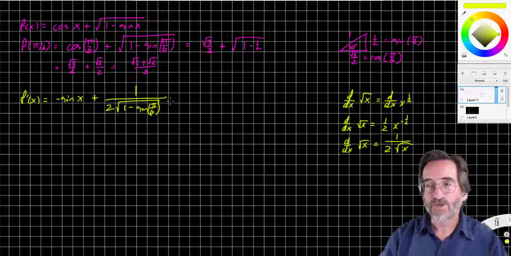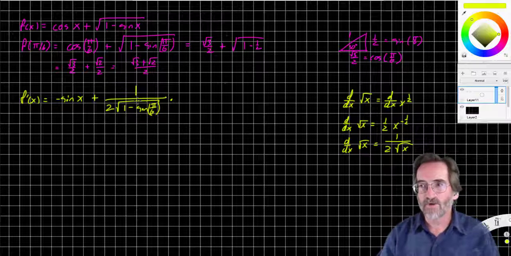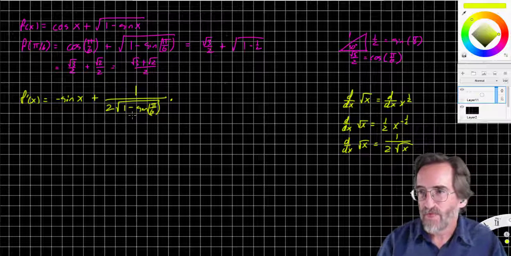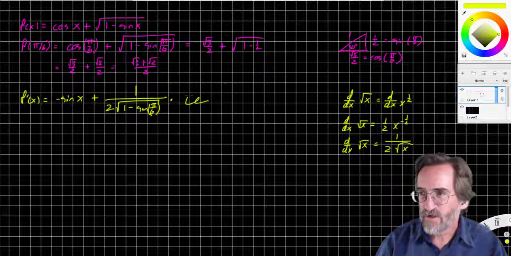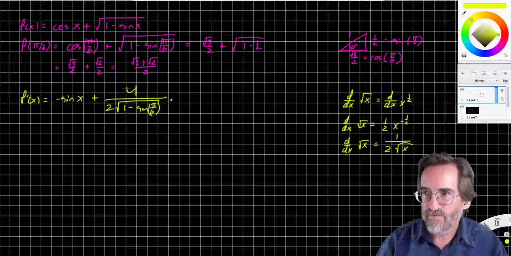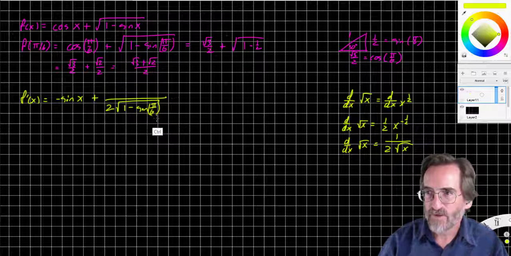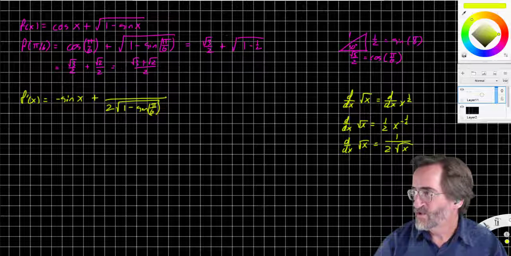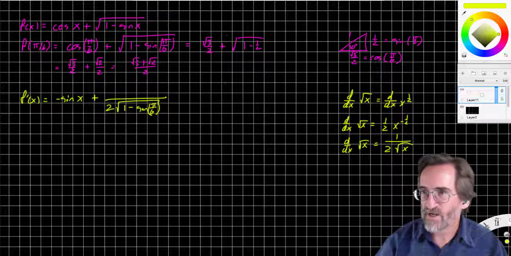Okay, and now the chain rule says we're going to multiply by the derivative of sine pi over 6. If I multiply over here by whatever that is, that's the same as putting it up here, so I'm going to put it on top. So the derivative of negative sine, and I put pi over 6, sine x.